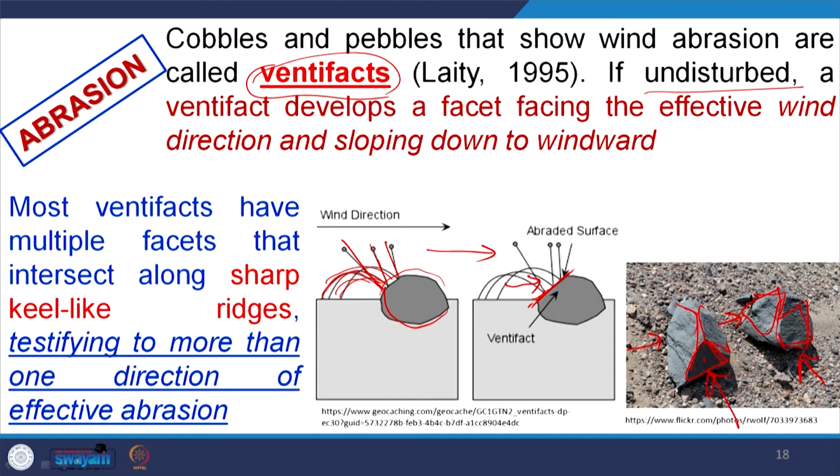So by looking at the smooth, faceted surface, we can say from which direction the wind was prevailing. Most ventifacts have multiple facets that intersect along sharp keel-like ridges, testifying to more than one direction of wind transport. These ventifacts are indicative of wind directions.